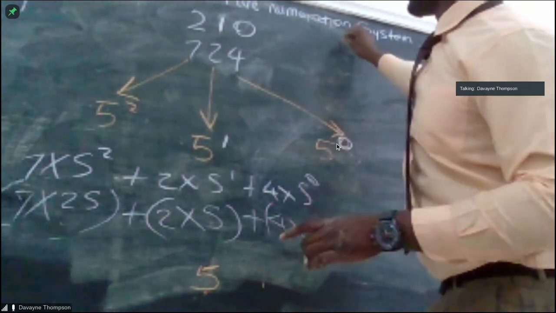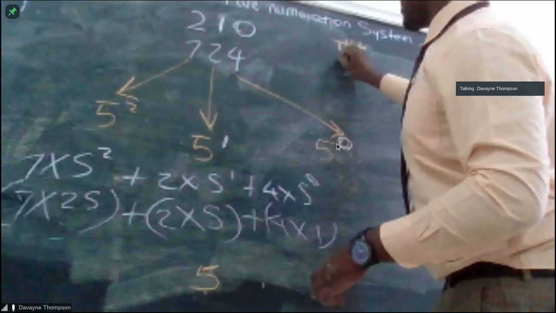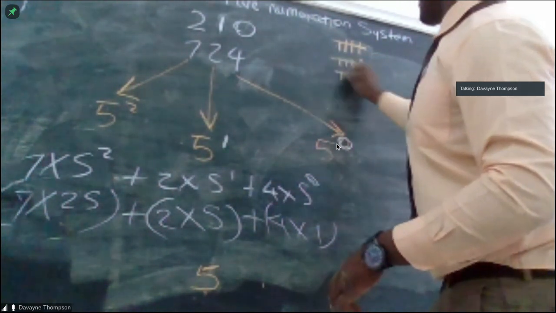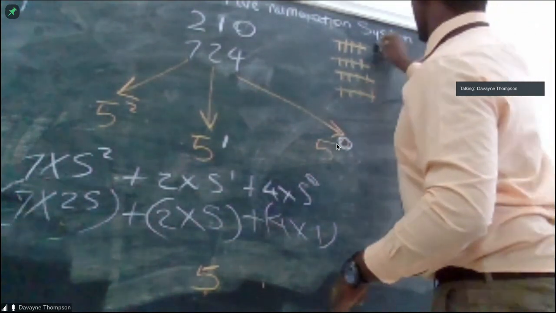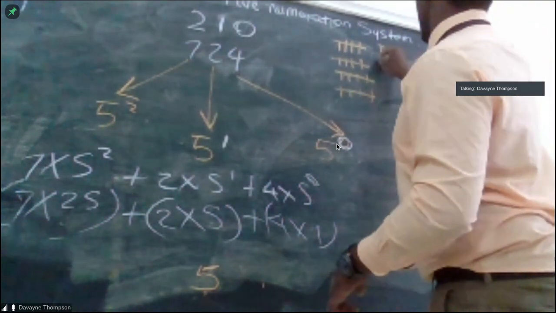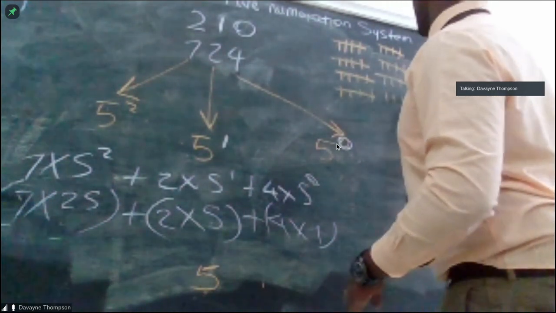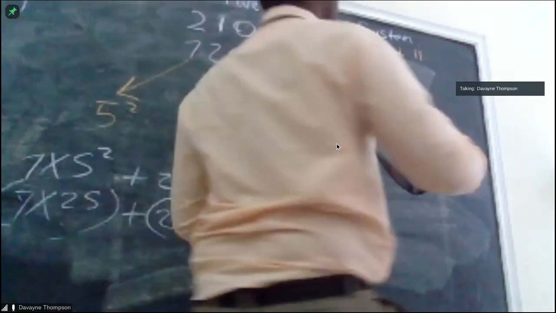You're going to have 16 columns of 5. That's 1, 2, 3, 4. That's 1. 1, 2, 3, 4. That's 2. Oops, my chalk is finished. Here we go.